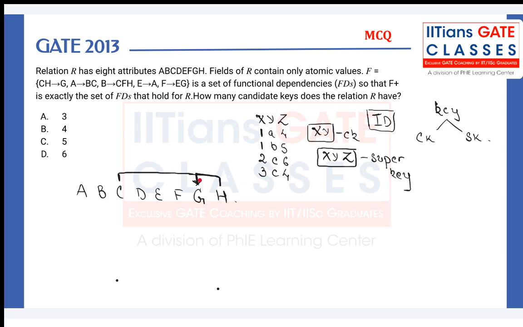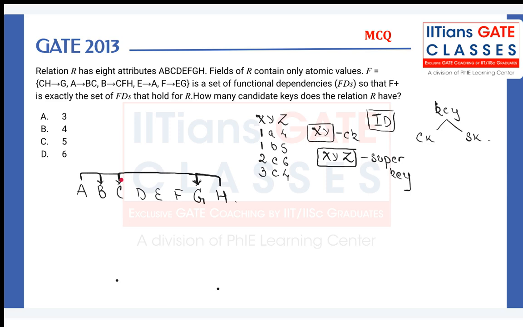Next functional dependency is A derives BC. So I will take A and have an incoming arrow to B. I will also have an incoming arrow to C. Is this correct? Next is B derives CFH.